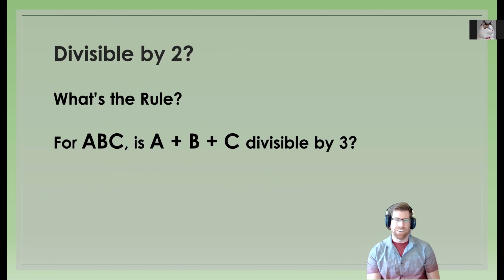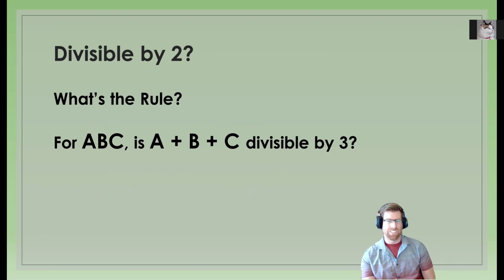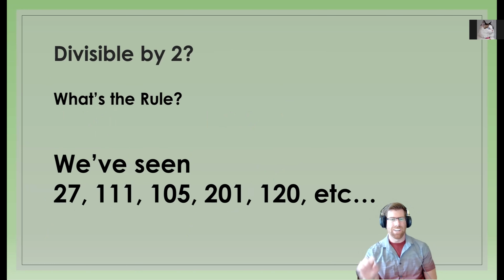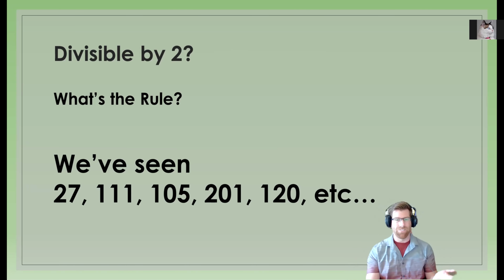Did you notice that all of those digits add up to a number that is already divisible by 3? 2 plus 7 is 9. 1 plus 1 plus 1 is 3. 1 plus 0 plus 5 is 6. 2 plus 0 plus 1 is 3. 1 plus 2 plus 0 is 3. So that is the rule we're using to quickly determine if a number can be divided by 3.